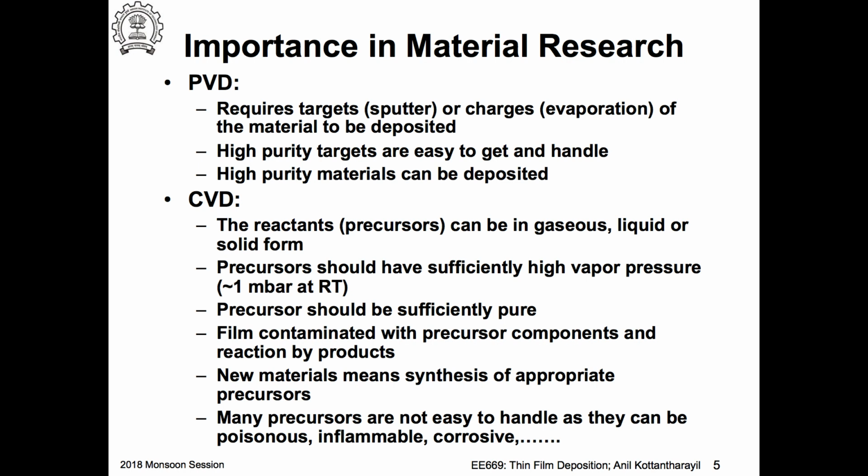And now the challenge starts, the precursor should be sufficiently pure. So, if I take the deposition of aluminum, one of the precursors that is used for CVD processes is trimethyl aluminum. So, what is the chemical formula? Al(CH3)3. So, you have aluminum bonded to 3 CH3 groups. Okay. Now, what is the problem with this?